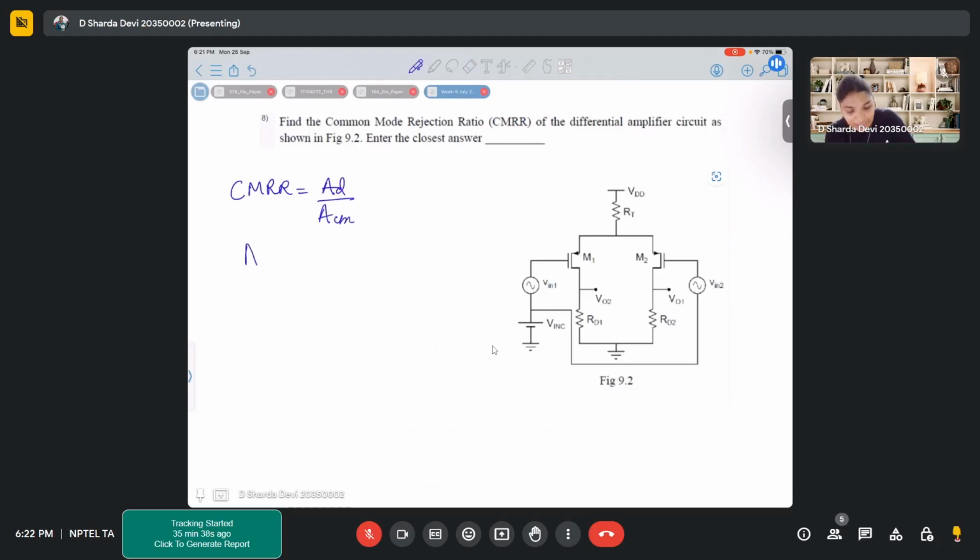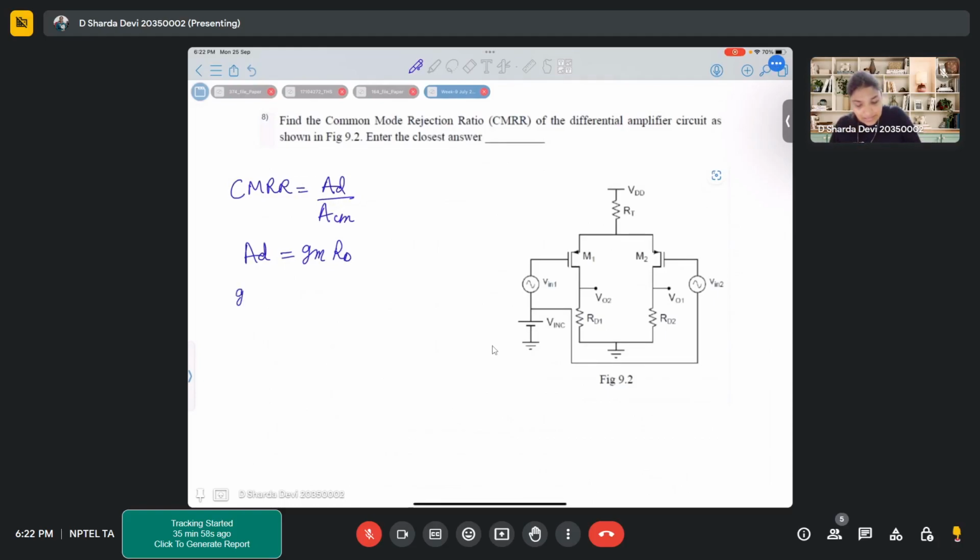What is the formula for AD? Simple, right? GM into RD. We simply write AD is GM into RD.